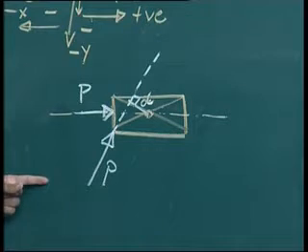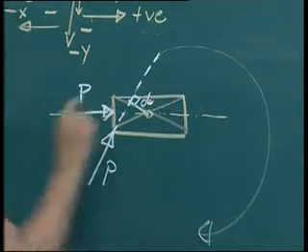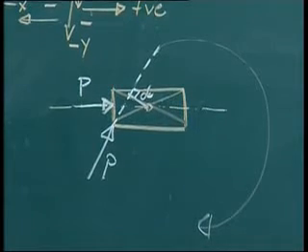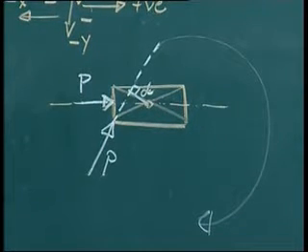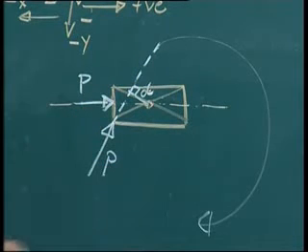This force will try to rotate the body in either a clockwise or an anticlockwise direction. When a force has a tendency to rotate a body, we say that force is trying to produce a rotation, and that is nothing but a moment.